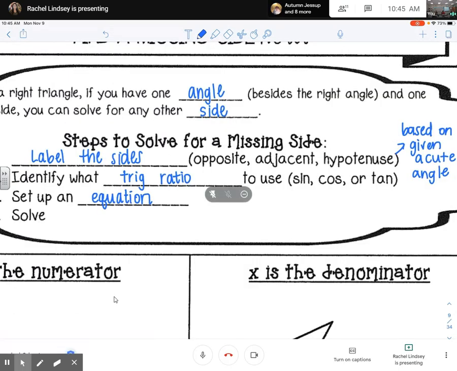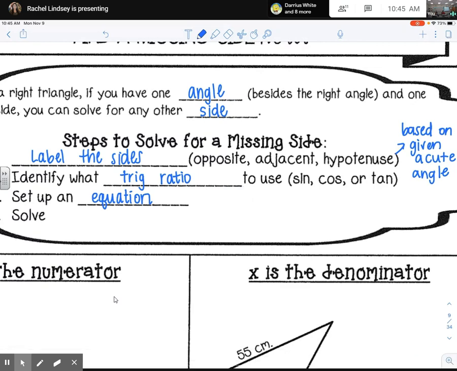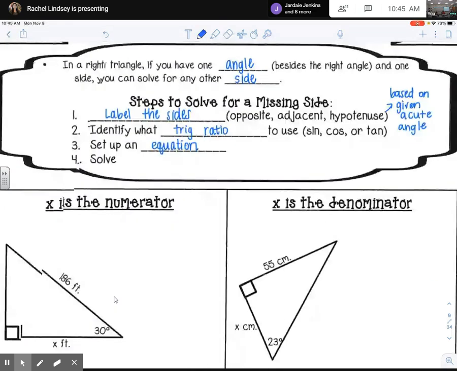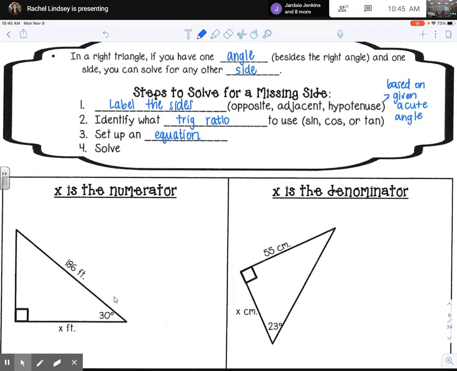So we'll label the sides, set up a trig ratio, set up an equation, and then solve the equation. So if I'm looking at that first example, the angle it gives me is the angle 30. So looking at that angle, I'm going to label my sides.